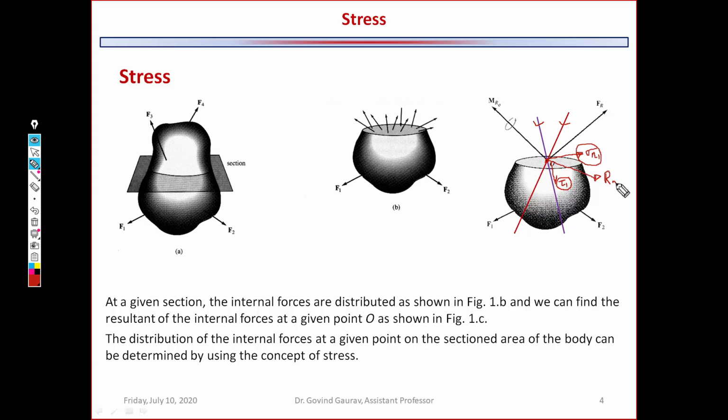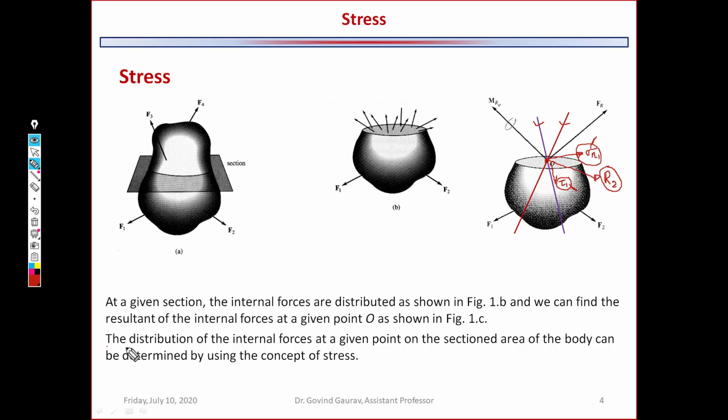So if we consider different planes passing through the same point, we will have different values of the resultant. So at a particular point, I should say, an infinite number of planes can pass, and for infinite planes passing through point O, we can have infinite resultants of the force acting at point O, with different values of the normal stress and different values of the shear stress.